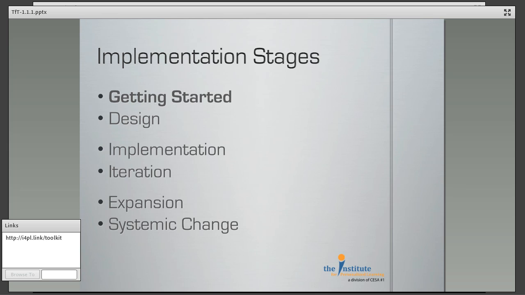The second 2 stages, implementation and iteration, are really about designing or changing the learner's experience to a learner-centered paradigm. The last 2 stages, expansion and systemic change, are really focused on making system-wide changes. Today's episode is going to take a deeper look into a tool within the getting started stages of the implementation toolkit.